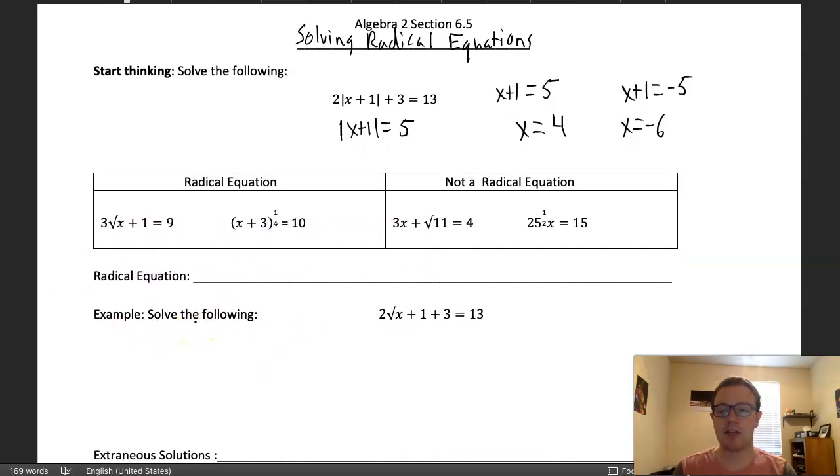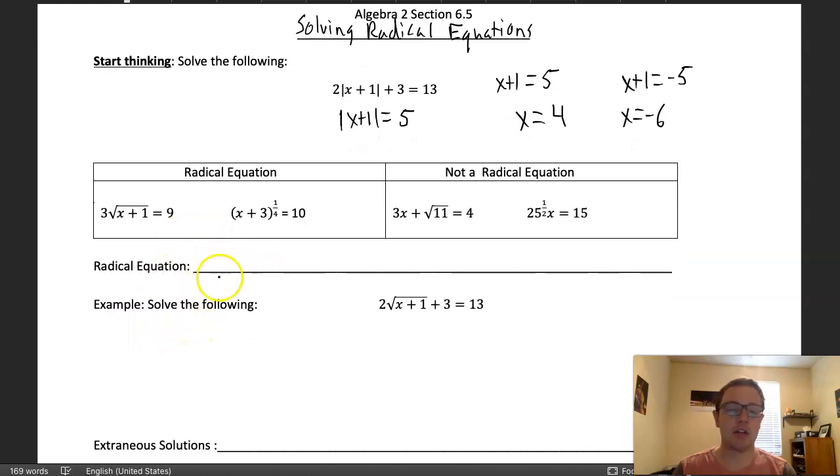The definition we'll be going with for a radical equation is an equation where the variable is inside of a radical or rational exponent.